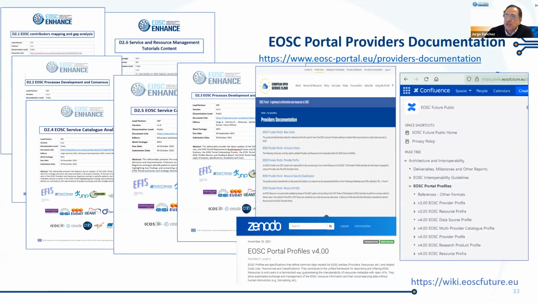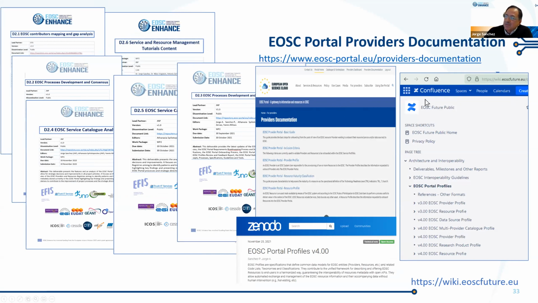For all of those of you that would like to have direct access to the documentation, obviously all of this is documented in the EOSC Enhance deliverables, but also the most important specifications are currently available in the EOSC Portal documentation page.